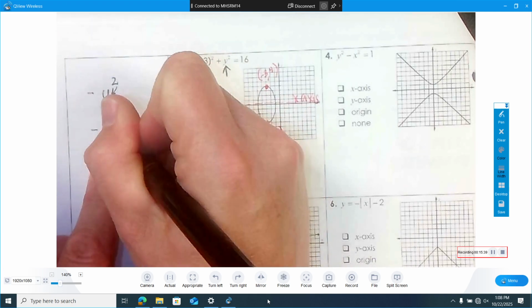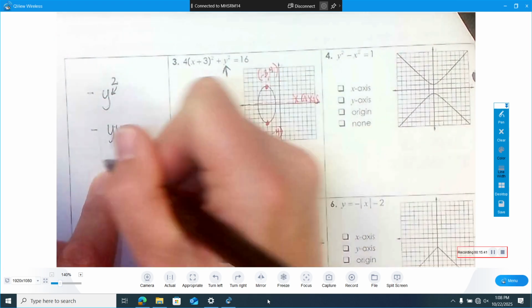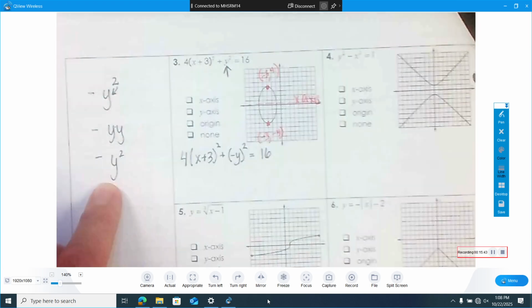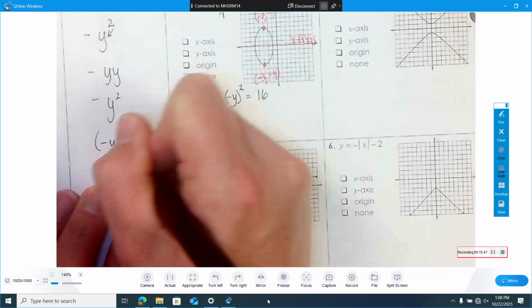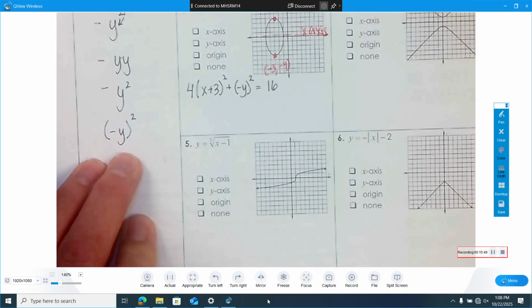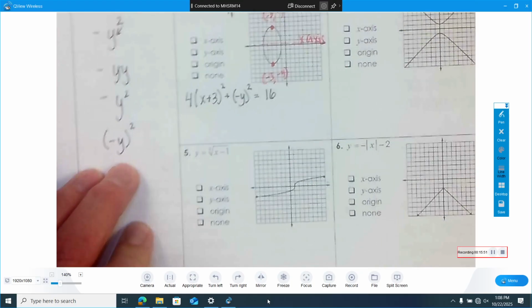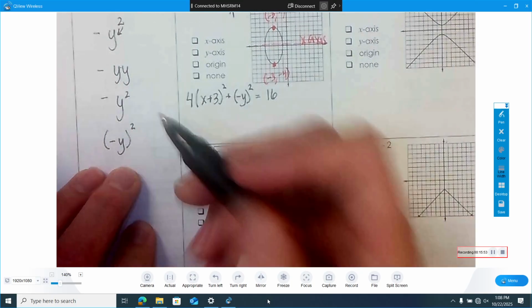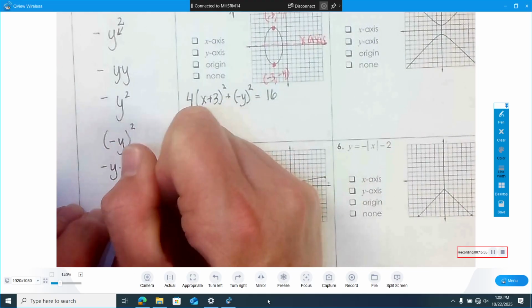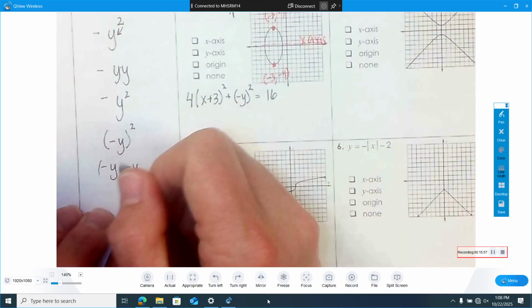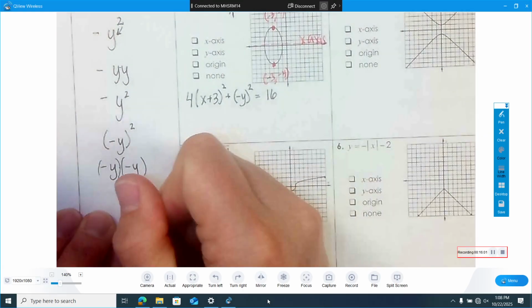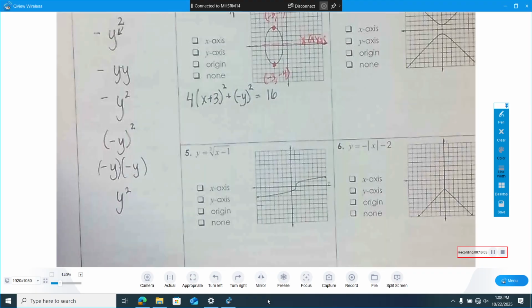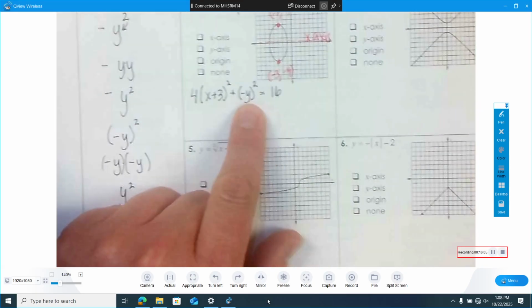The negative is hanging out, and then we repeat the y 2 times, we get negative y squared, okay? If we use parentheses, the quantity negative y squared, what does that mean? It means to do everything. Everything, negative y times negative y, everything in parentheses, which then results in positive y squared. Notation is the important part here.